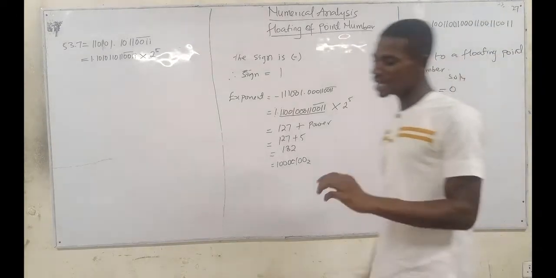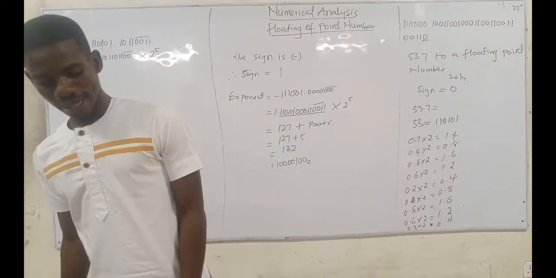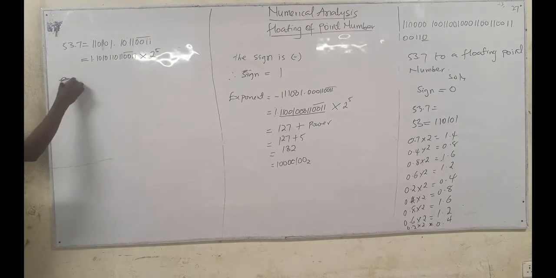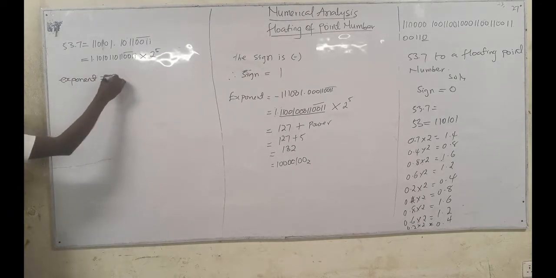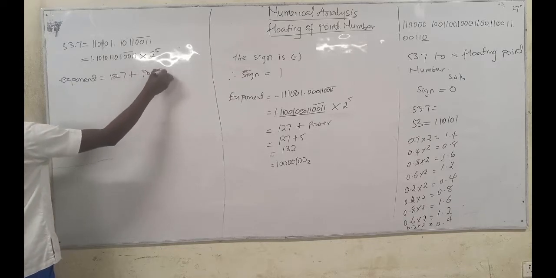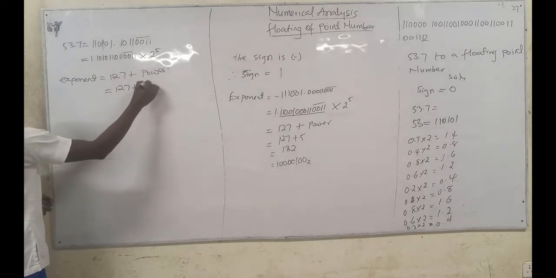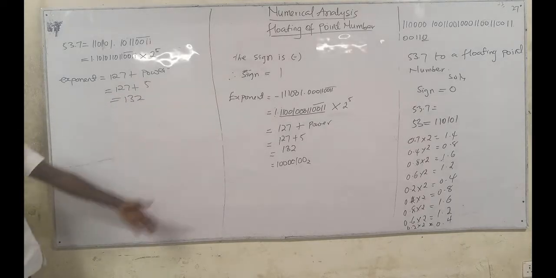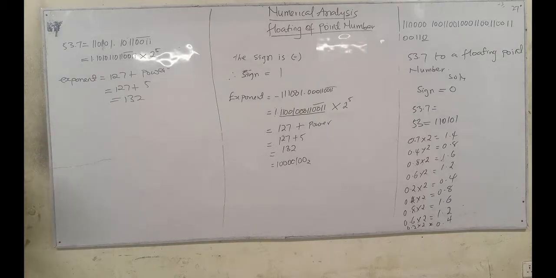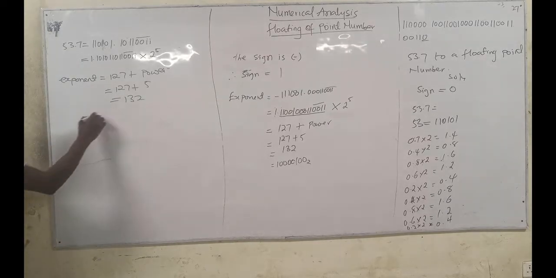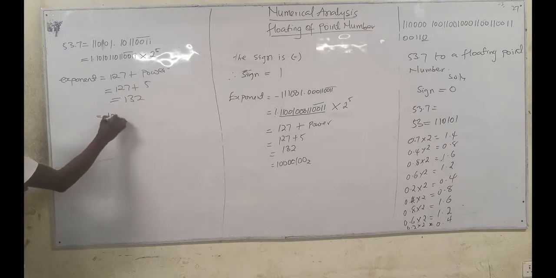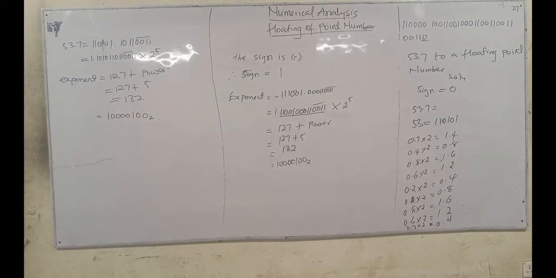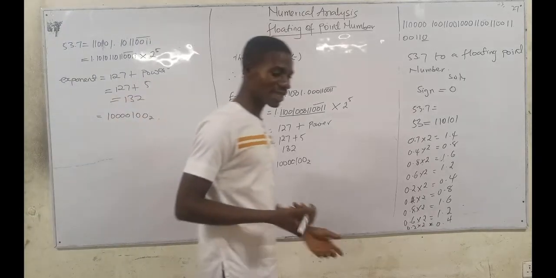So we know that the exponent is equal to 127 plus 5, which gives me 132. We have already converted it. So this one to base 2 will be 10000100. So when you compare this one, you get this.